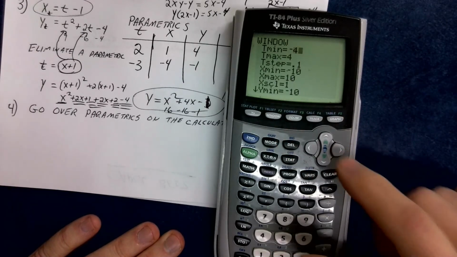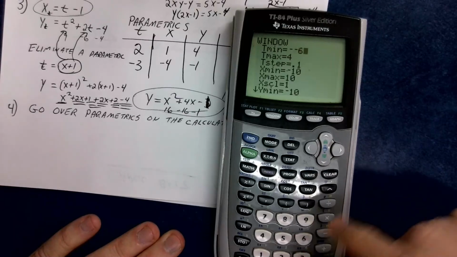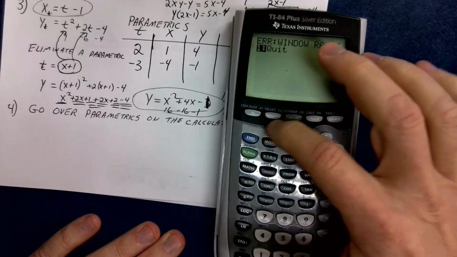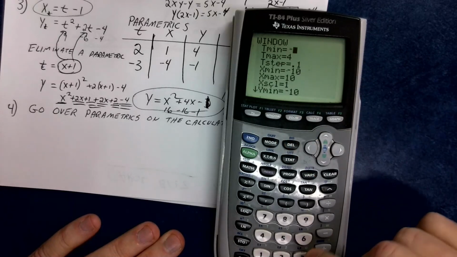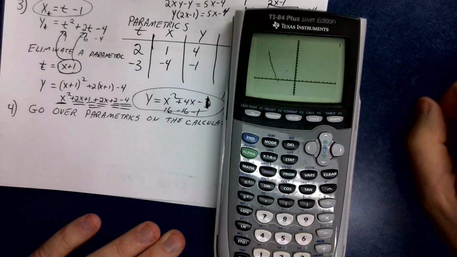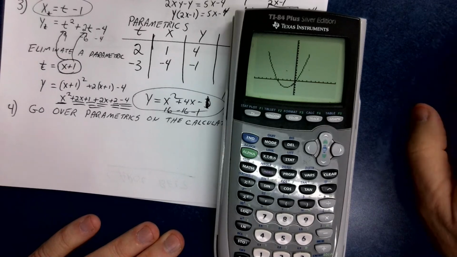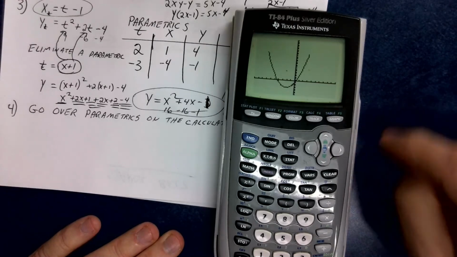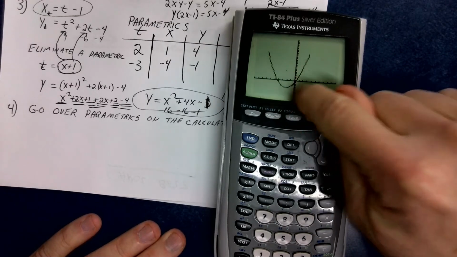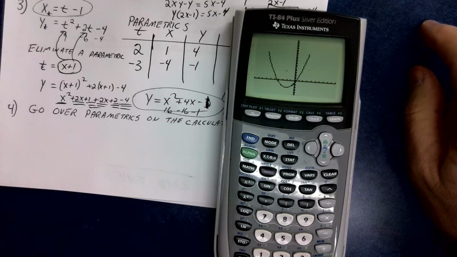So if I make this T min now -6, oh, sorry, did you see that? I put 2 negatives in there, which made it a positive. Now I get a little bit more symmetry going on. So that's some basic stuff about this calculator and how the points work when you're plotting them and why they will look different.